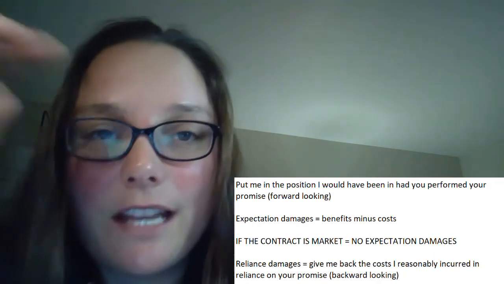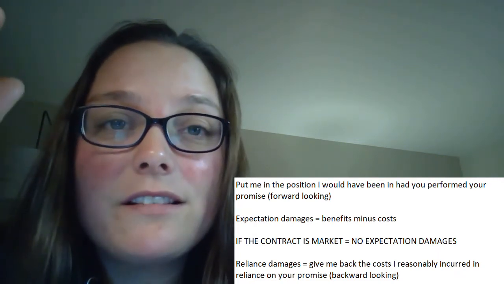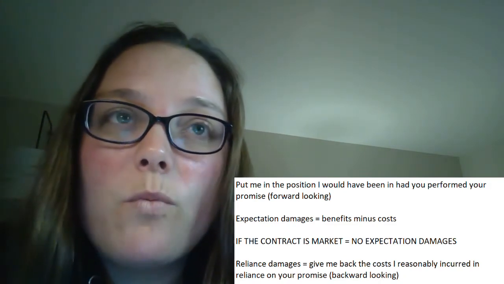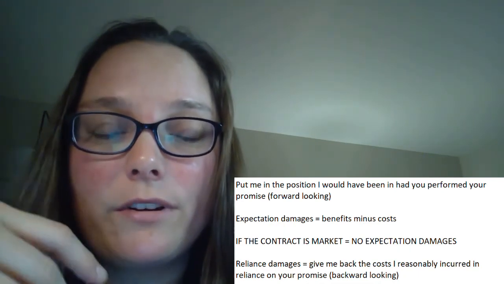Now, expectation damages are calculated by figuring out the benefits of the contract. What did I expect to benefit from the contract? And what sort of cost did I expect to incur?